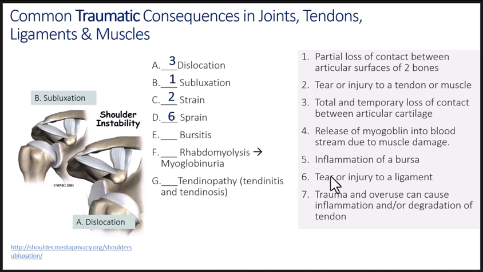And a sprain involves a tear or injury to a ligament. I hear these terms used interchangeably all the time, but as you can see, they refer to an injury to different structures. And due to poor vascular supply with ligaments, they don't heal as well.